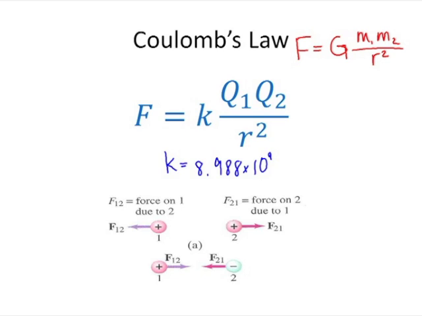The units for the constant are just so that the units cancel out and we're left with newtons for force. So those units are newton meter squared over coulomb squared. We could round this to 9.0 times 10 to the 9 newton meter squared over coulomb squared.